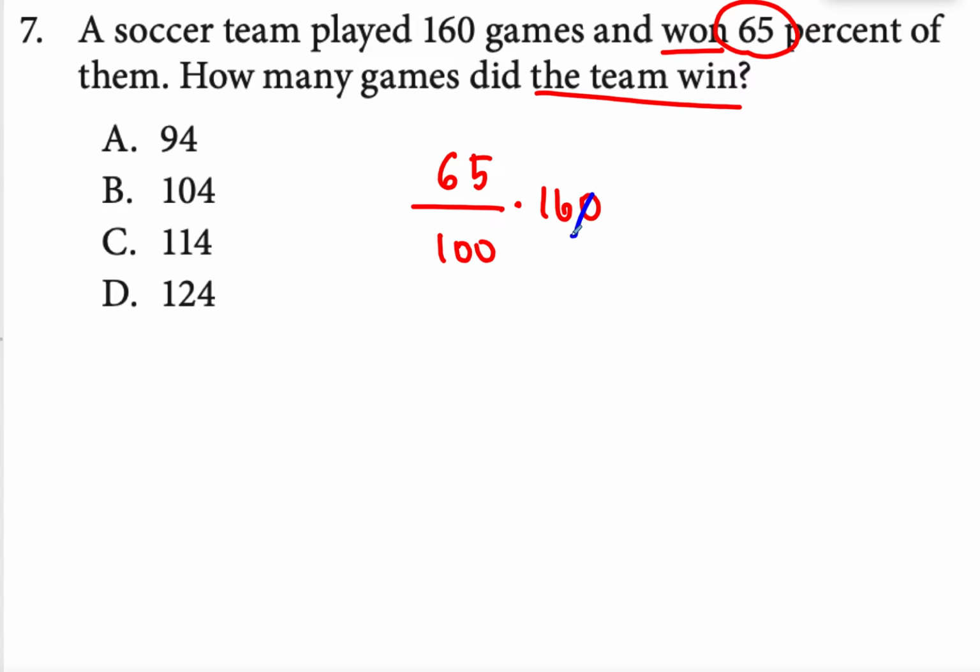Then you can see that the 0 and 0 can cancel away. Oh, wait a minute. I can divide by 5, then I get 2. Then I get 13. And then I can divide here by 2, so I get 8. So my final answer is 8 times 13, which is equal to 104. Choice B becomes the answer.